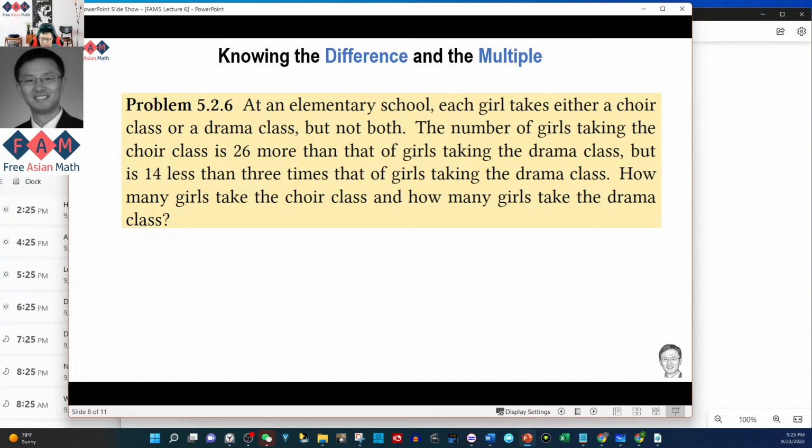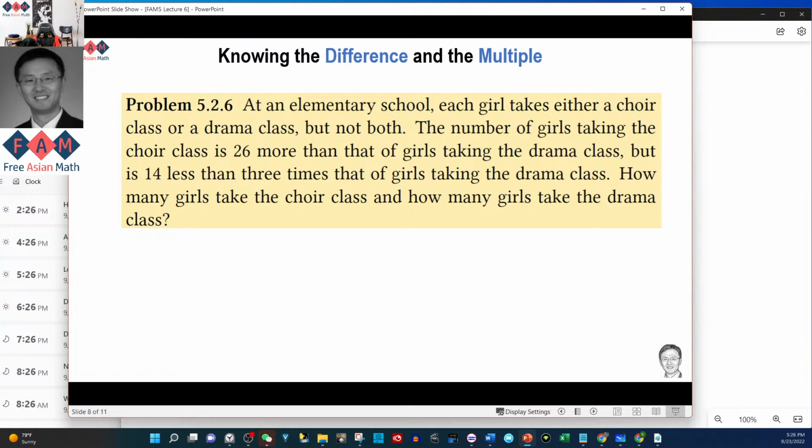So the number of girls taking the choir class is 26 more than that of the girls. So actually we have two numbers, two quantities. One is bigger than the other, and we do know the difference between the two, right? Which number is larger? The choir class number is larger, 26 more than the drama class.